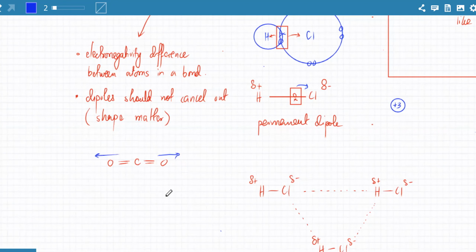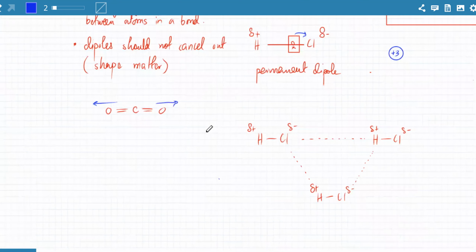So dipoles really matter. Remember, sometimes the dipoles cancel. You can have other molecules like AlCl3 that's fan shaped, and again, Cl is more electronegative.